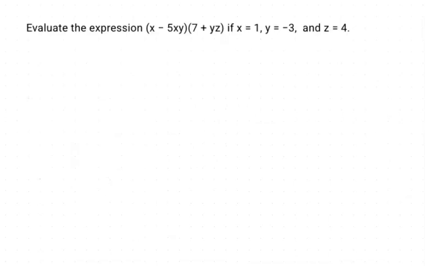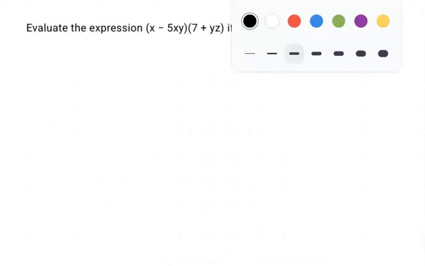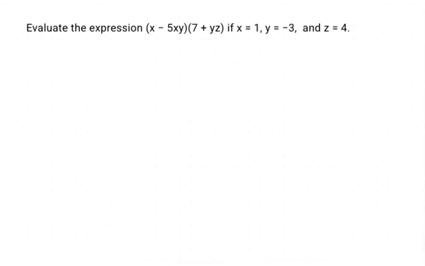We'll do one more. Okay, so this problem here is giving us 3 different variables. So x is 1, y is -3, and z is 4. So here's my first parentheses and my second parentheses, just like this.